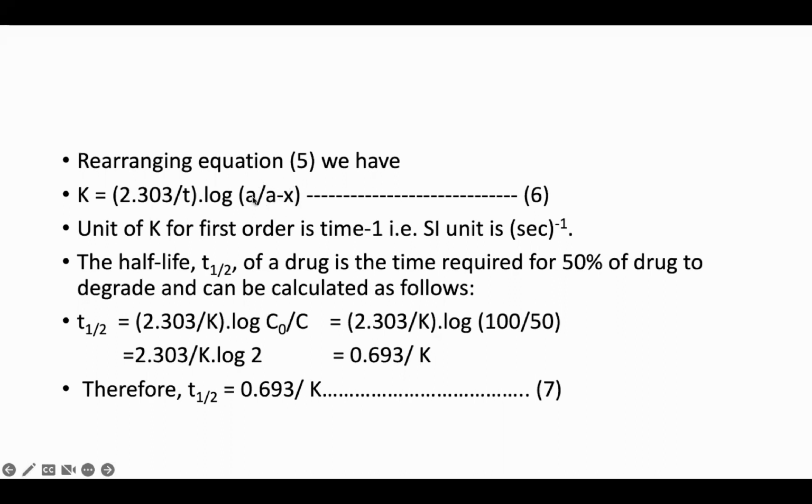Of course, that's just like saying A is 100% and A minus X, that's when it gets to 50%, right? By the time we bring T as the subject of the formula, take K down there, and simplify that equation, you'll be left with our T half is equal to 0.693 over K. So this formula is important for finding out the time at which half of the concentration of the drug would have been eliminated. Very, very important for you to note.